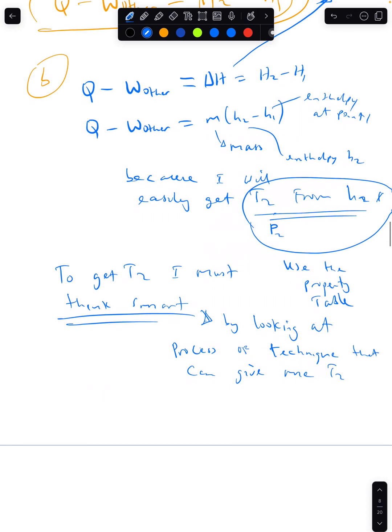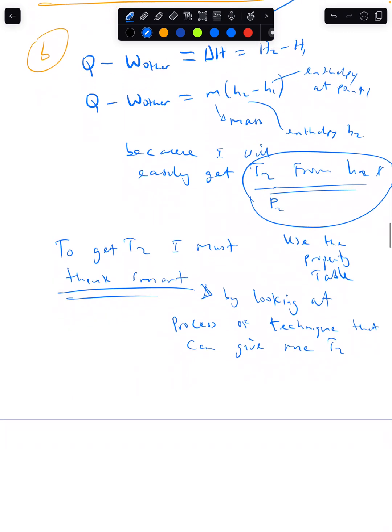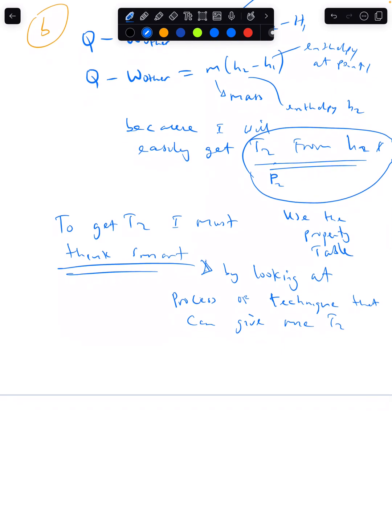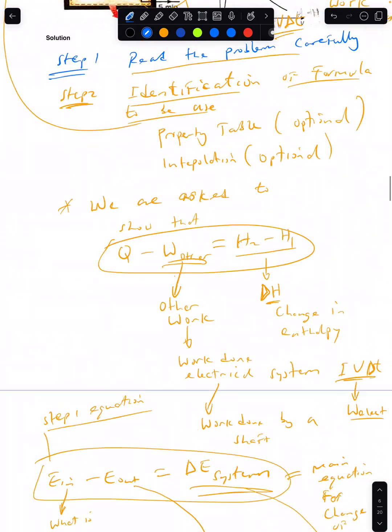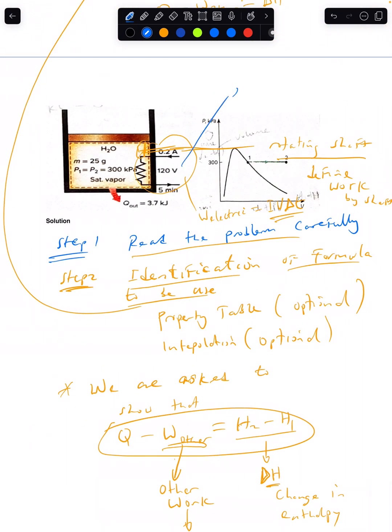The answer is, it's important to get the work done for the system because the work done is part of the formula. Remember, we have the work done for the system, which is equal to what? Other work. Let me write in a way you can see easily. Other work, and that other work from this problem is electrical work.